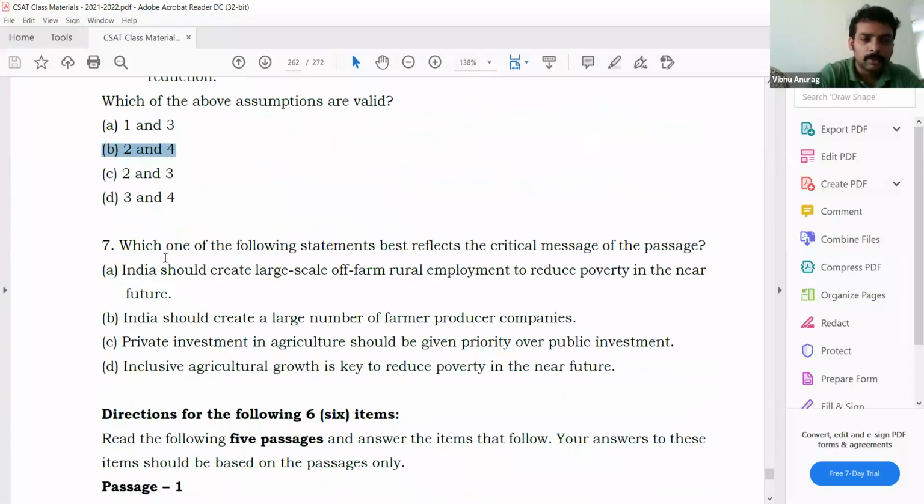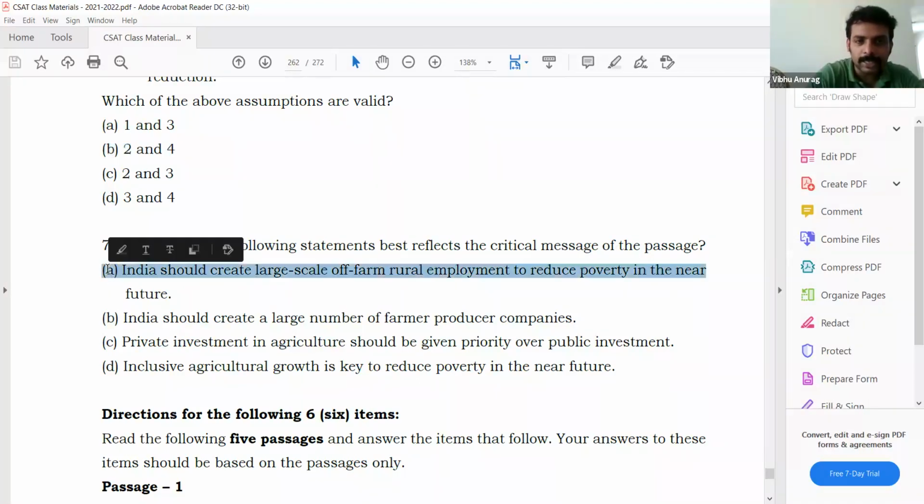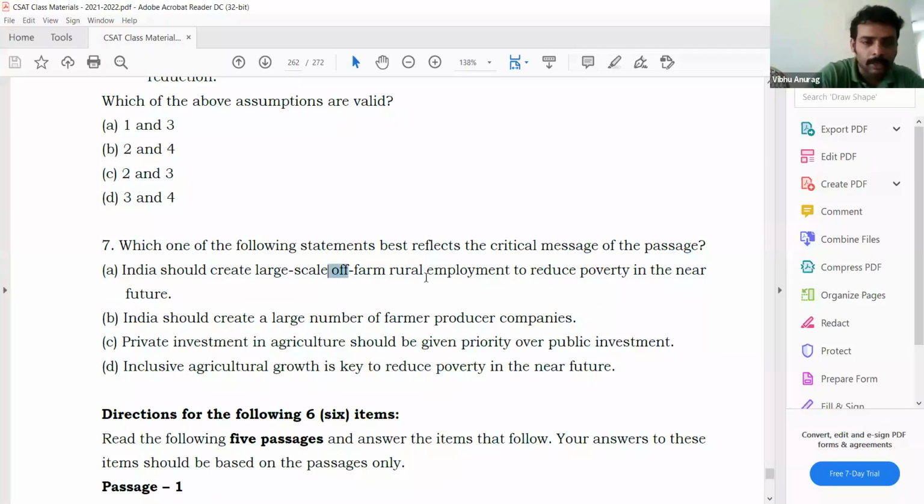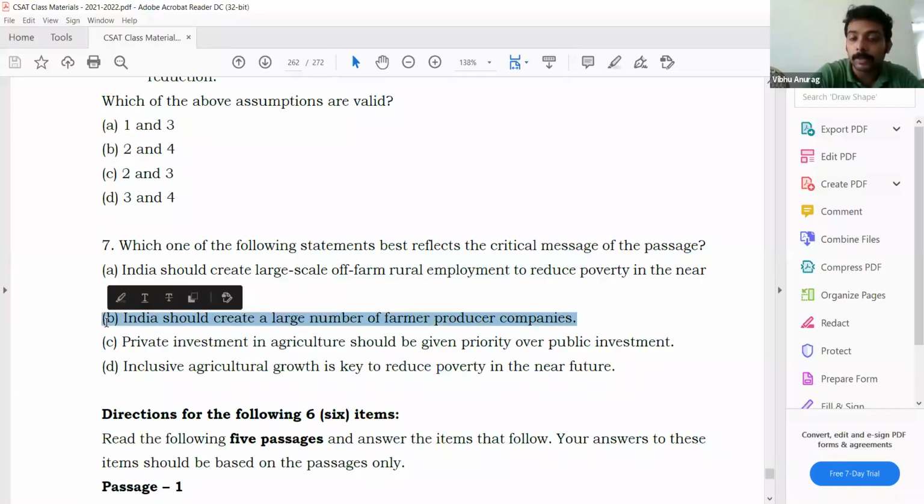Seventh one, which one of the following statements best reflects the critical message of the passage? So that's the most important message. Option A, India should create large-scale off-farm rural employment. Again, this passage is about agriculture. They're not talking about off-farm employment. So A is wrong. Then B, India should create a large number of farmer-producer companies.